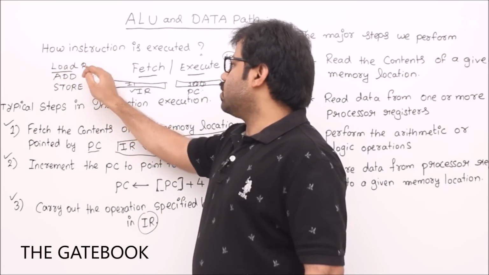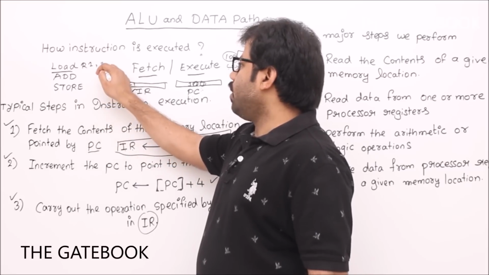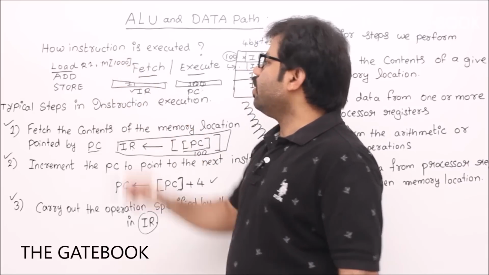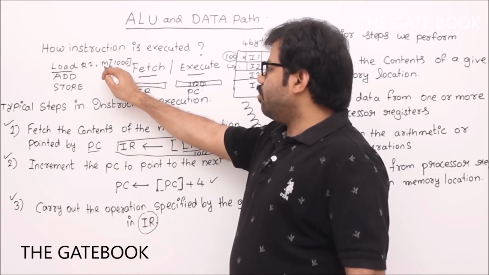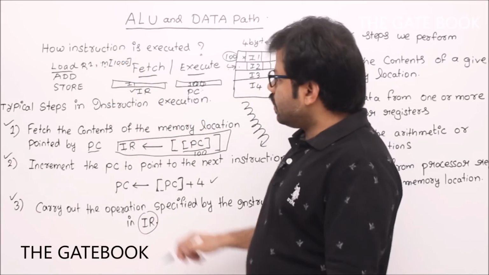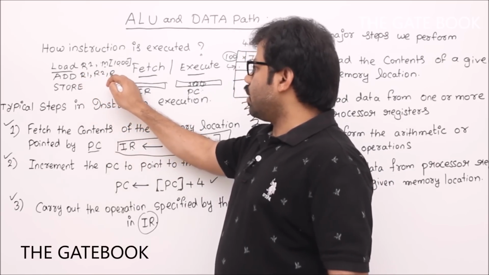Load into register R1 something, memory of 1000. That means the value at memory of 1000 we are storing in R1. Correct.